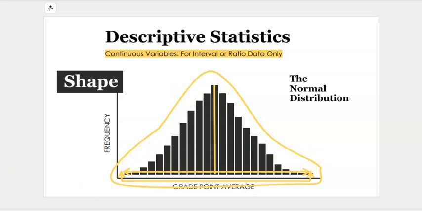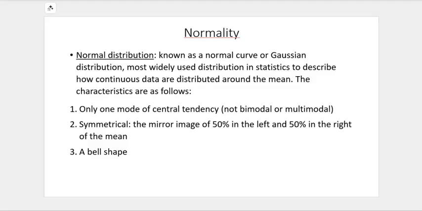That is a normal curve. The normal distribution, known as the normal curve and also the Gaussian distribution, is the most widely used distribution in statistics. As I said, to consider your sample almost equivalent to the population, you need normality. It describes how continuous data are distributed around the mean.